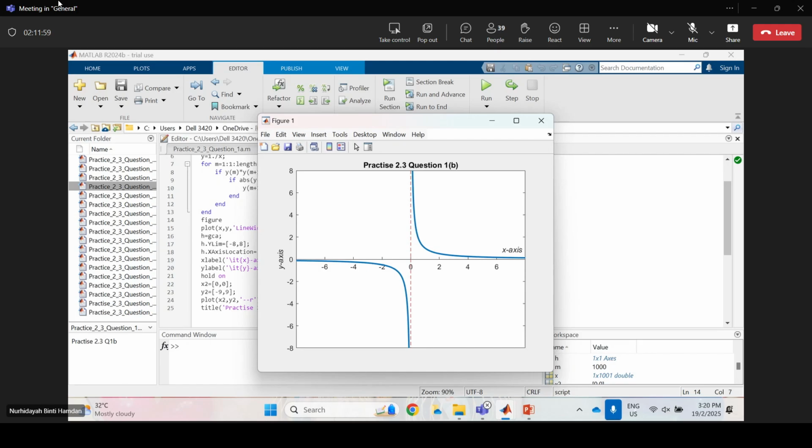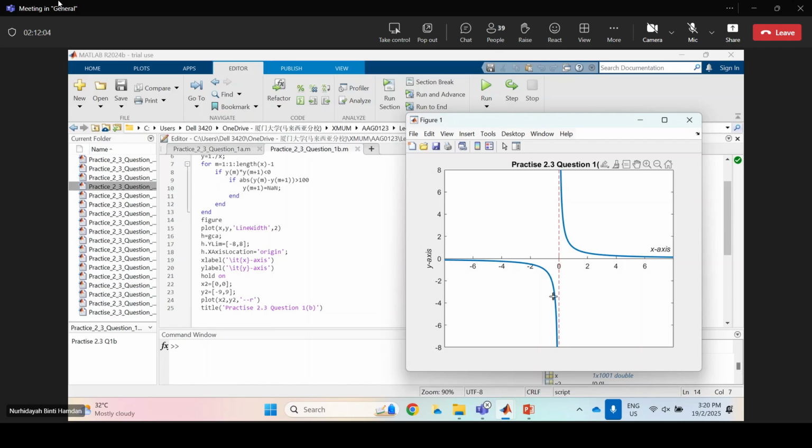So you get this, but the difference is you see the red dash line here, I add this. Why do I add the dash line here? Because I want to show the asymptote line. I'm not a mathematician, so some of the mathematics terms I can't remember, but yes, asymptote.